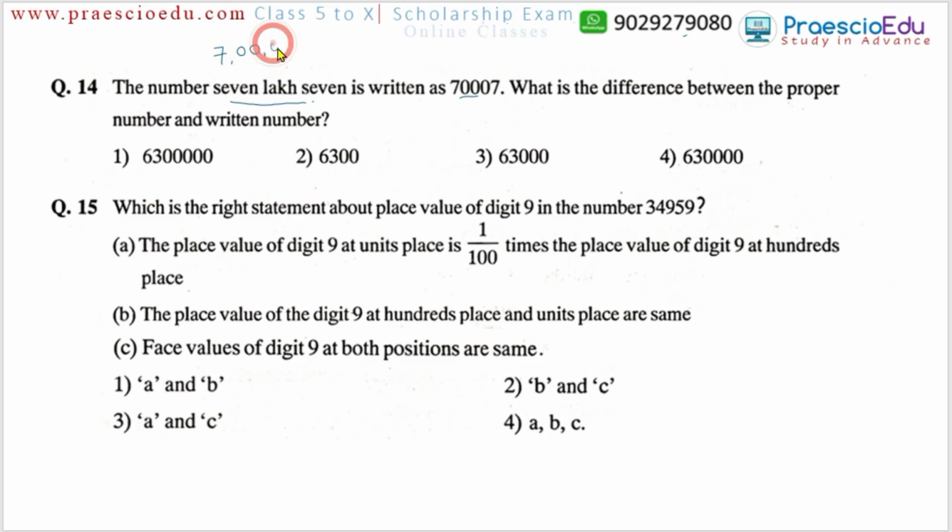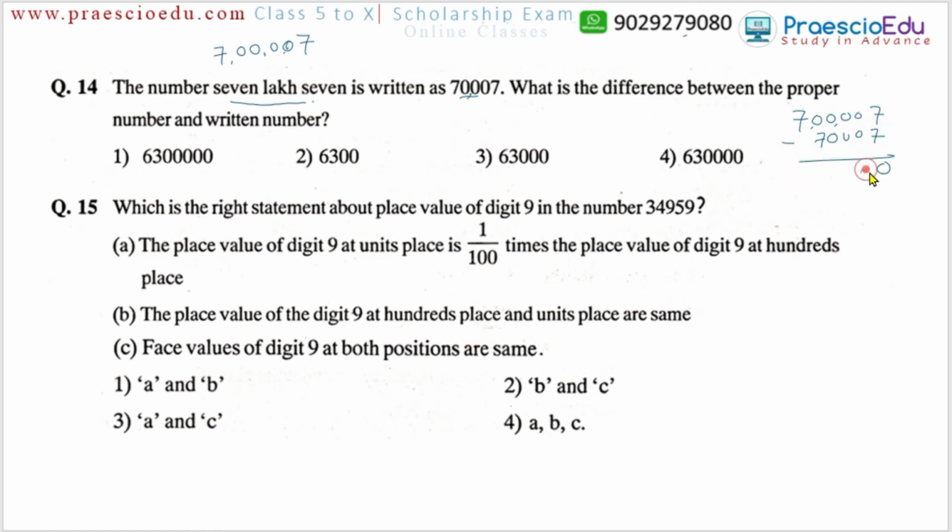So the hundreds place is also 0, the tens also 0, and the unit place is 7. But in the written form, if you see, 70,000 is written. So we have to calculate the difference between the word format, 7 lakh 7, and the written format. So I just write out here 7 lakh 7 subtracted with 70,007.